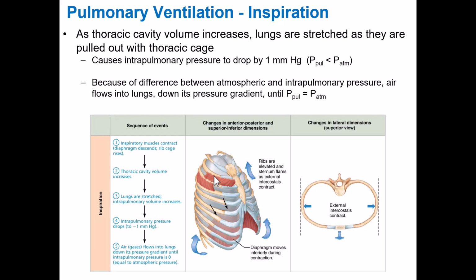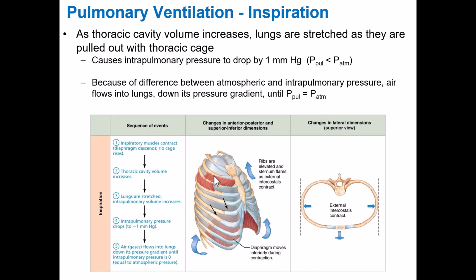So before you inhaled and you were just sitting there, not breathing at all, the pressure of the air in your lungs was equal to the pressure of the air in the atmosphere. And as soon as you breathe in, what's happening? The breathing in is actually changing the volume of your lungs. Diaphragm contracts, external intercostals contract.